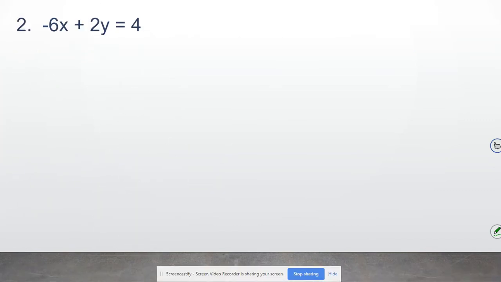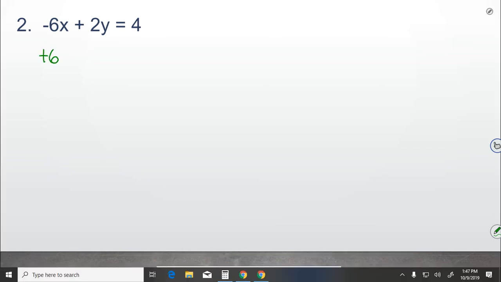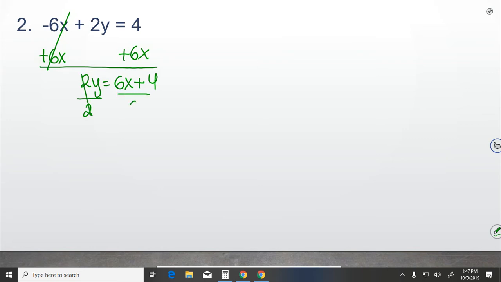Number 2, again, we want to solve for y. The purpose of getting into y equals mx plus b is so that you can graph it. We need to isolate the y. So we start by adding 6x to both sides. We get 2y equals 6x plus 4. Then we divide by 2, divide by 2. So y equals, and both terms over here have to be divided by 2. So we get 3x plus 2.